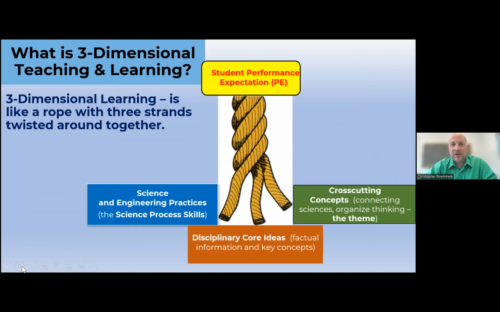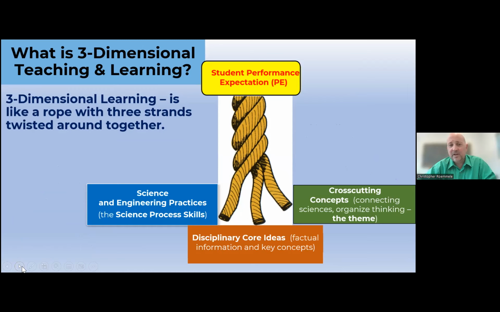And this is when we talk about three-dimensional teaching and learning, that rope with all three strands is the performance expectation, the knowledge or the skills we expect our students to gain by the end of a unit or end of a lesson.